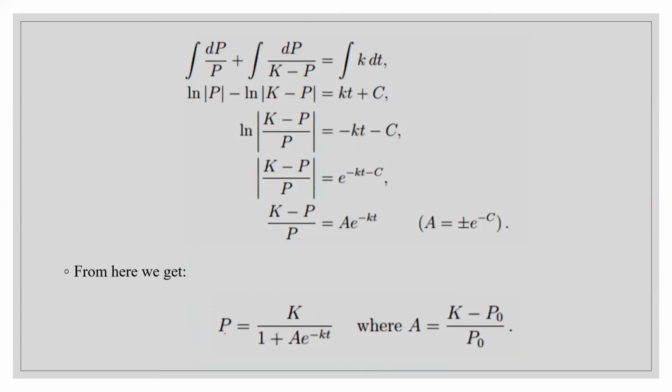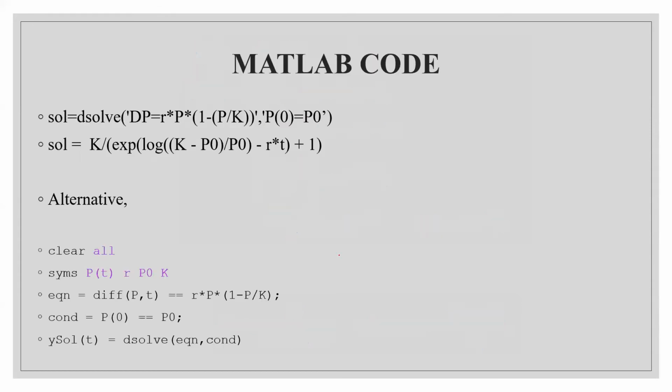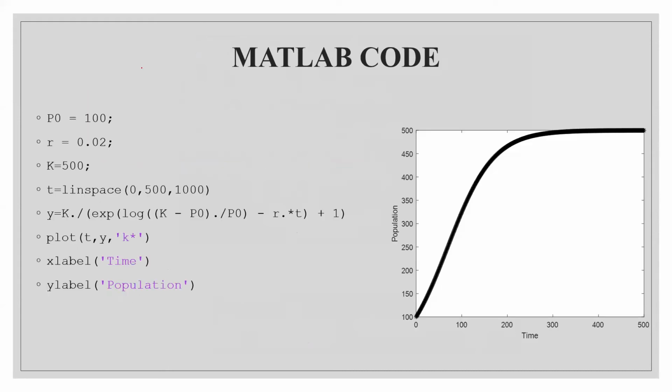This differential equation can also be solved analytically with the help of MATLAB code. You can just write dsolve and you will get the analytic solution of this differential equation. Now you can also plot this graph, whatever we have seen, with the help of MATLAB code. Same thing I did: I set P naught to 100, R is 0.02, and K, the carrying capacity, I set to 500.